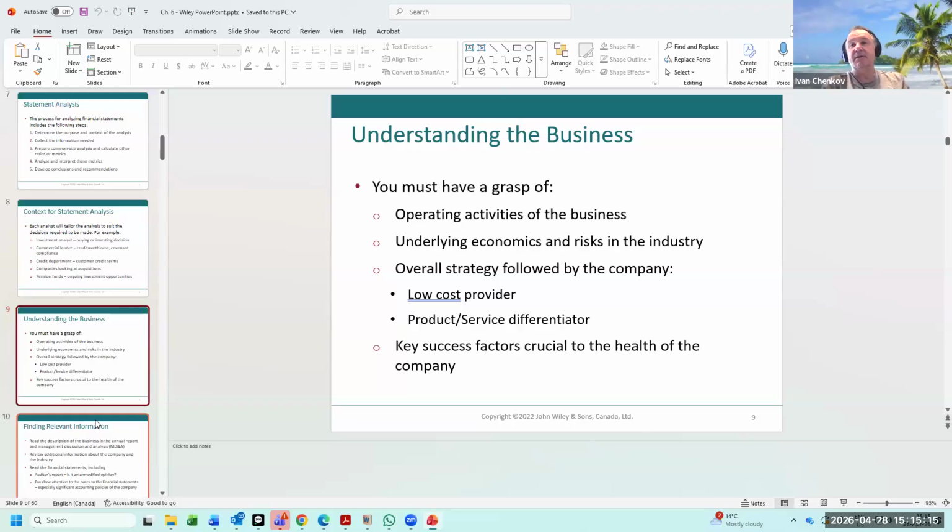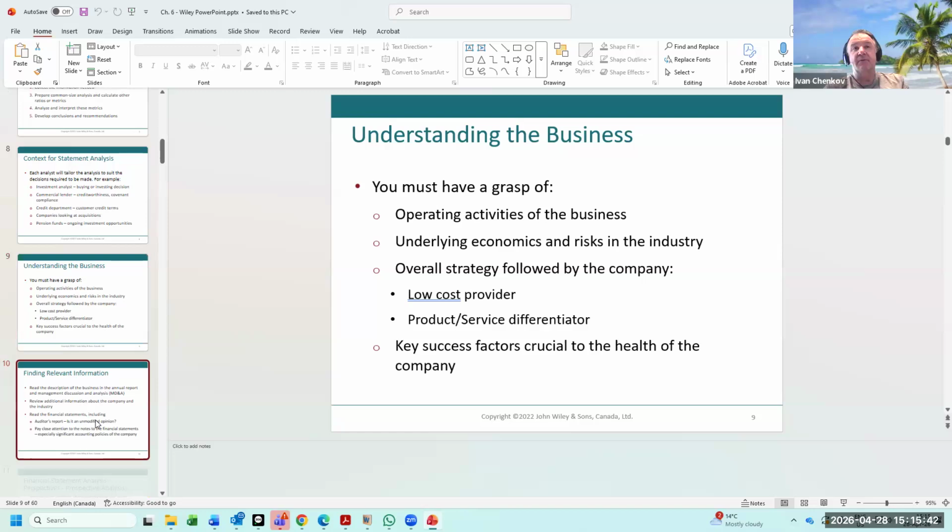We're going to talk more about strategies in the next part of the course, so we can broaden your analytical skills for understanding a company's business. And we're going to look at some key success factors, which will help us understand how healthy the company is, and whether it is worth it to invest in the company or lend it money.